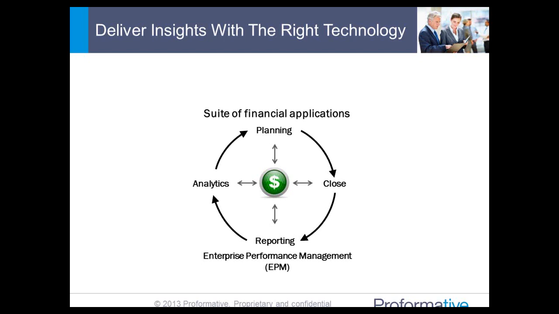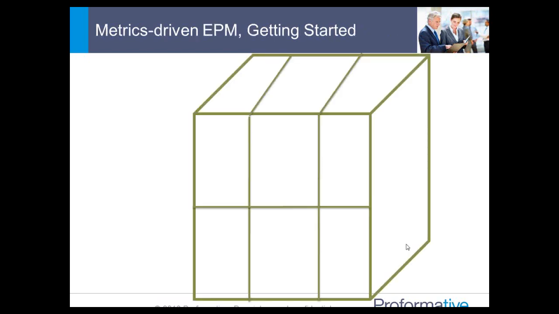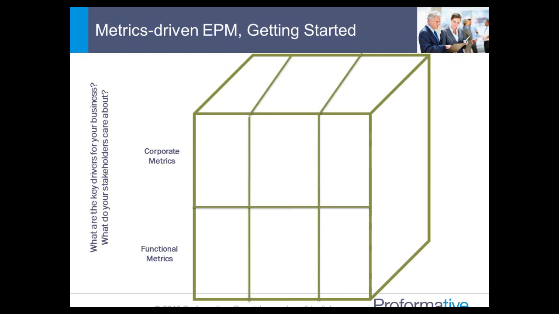Organizations are moving to EPM solutions to deliver actionable insights, drive accountability across the organization, and introduce speed and agility to their strategic financial processes. So in metrics-driven EPM, for getting started, we really need to take a look at what are the key drivers for your business and what do your stakeholders really care about.